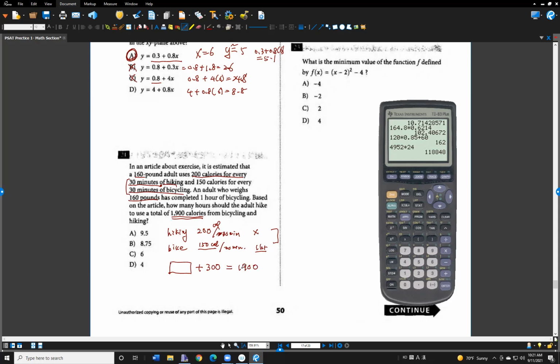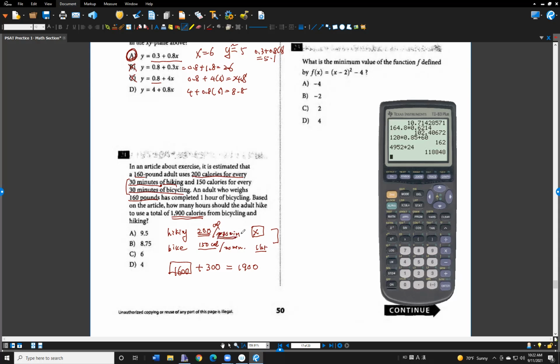That's the equation, right? So what are the calories for hiking? 1600, right? How did we get the 1600 from 200? 8 times, isn't it? But this is 200 for 30 minutes.